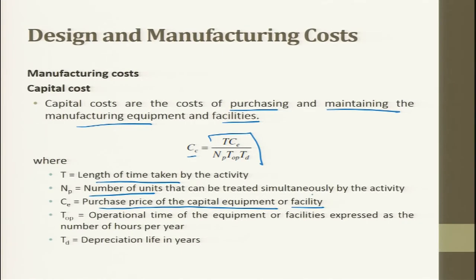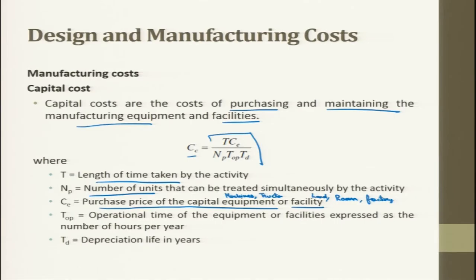Facility means it can be land, it can be a factory room, or a factory. Capital equipment can be the machines, the transport units, for instance maybe trucks.